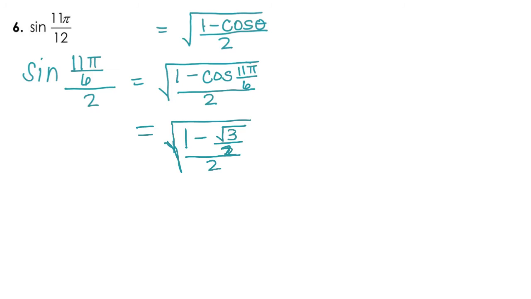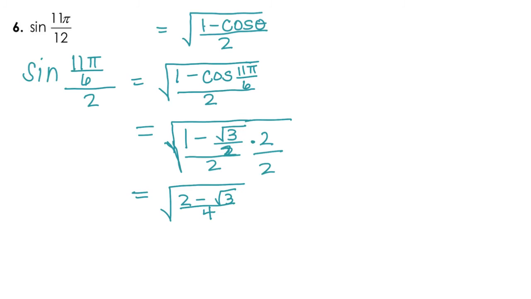Okay, this one looks a little strange, but we can still fix it. I would still multiply top and bottom by 2 over 2 under that radical. And so that's going to put you at 2 minus root 3 all over 4 under the radical. And that's going to be it.